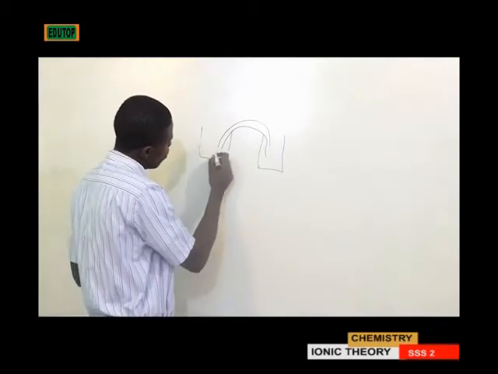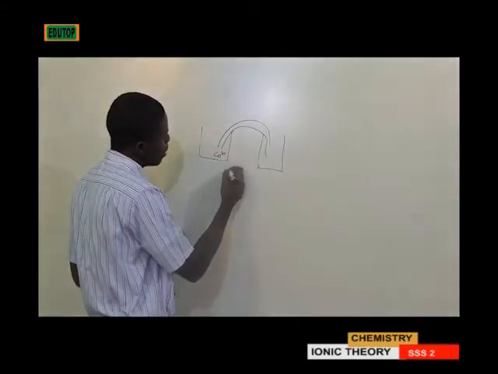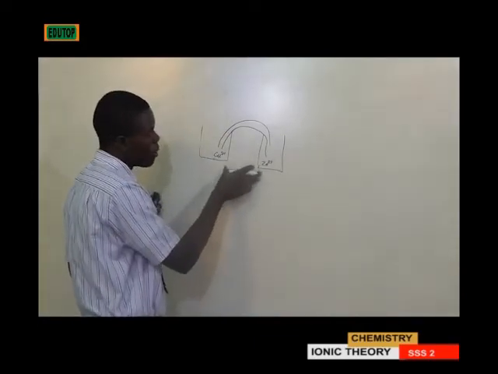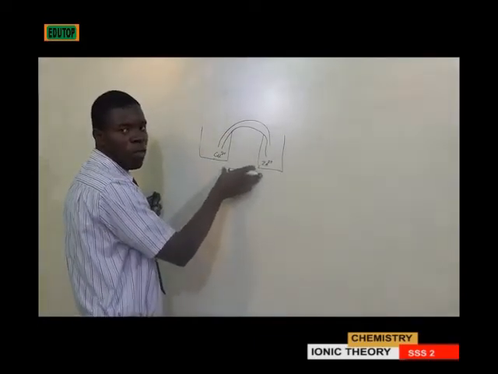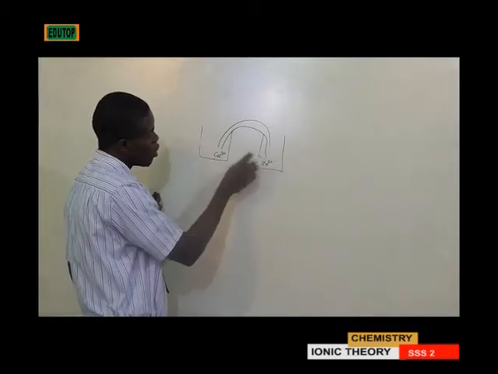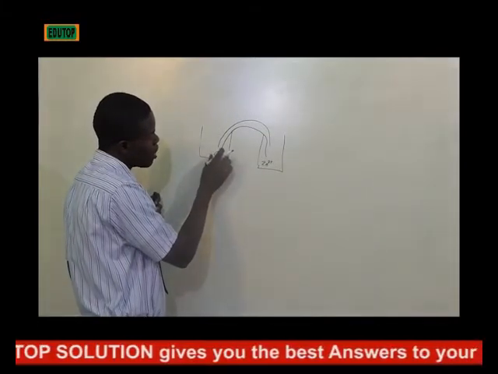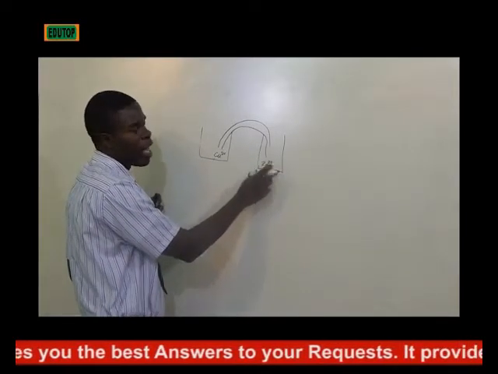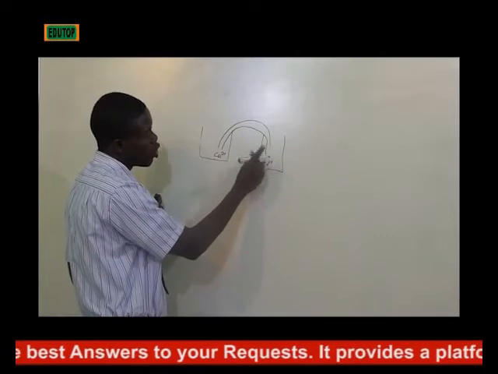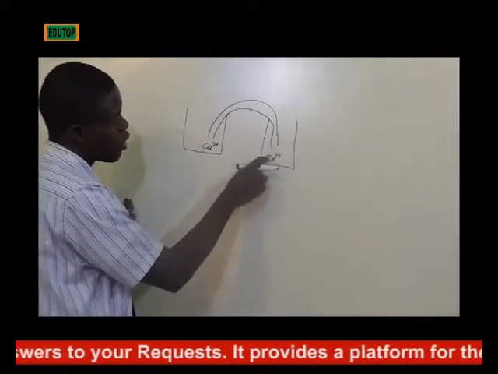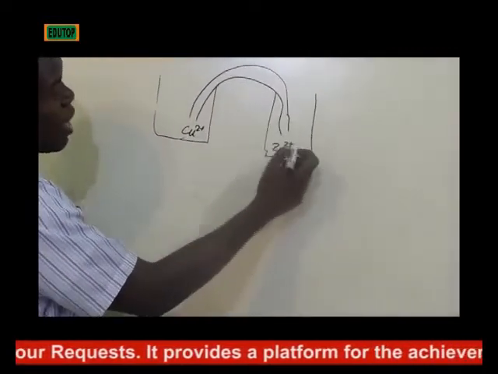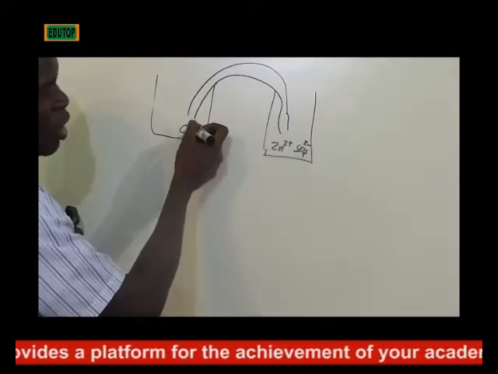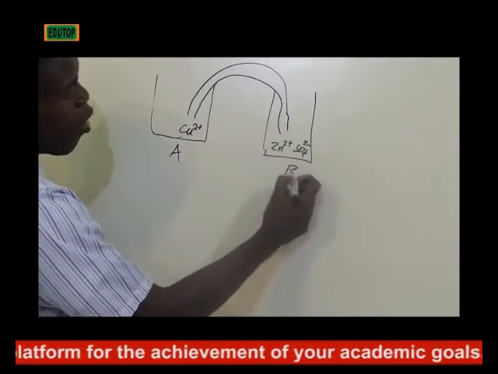So if what you have here is copper and what you have here is zinc 2+, in order to ensure easy flow of electrons, the amount of zinc here must be equal to the amount of copper here, and if that is to be ensured, a salt bridge must be connected such that little of the negatively charged ions comes to, let's say, the A compartment and B compartment.